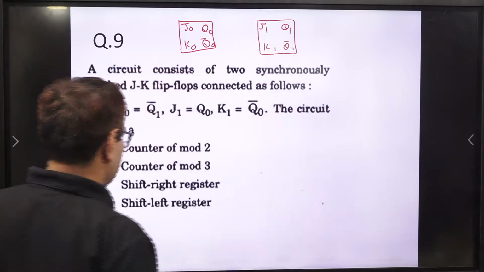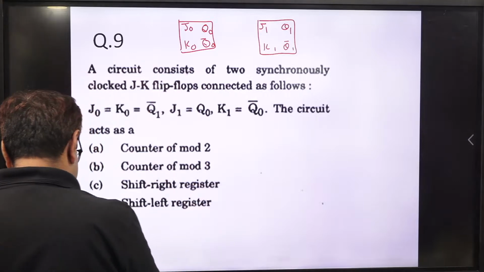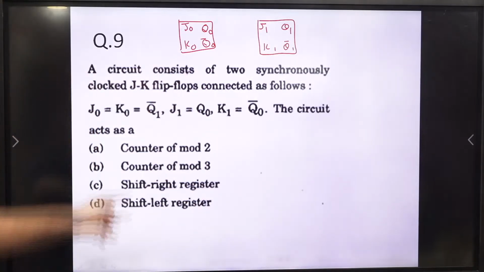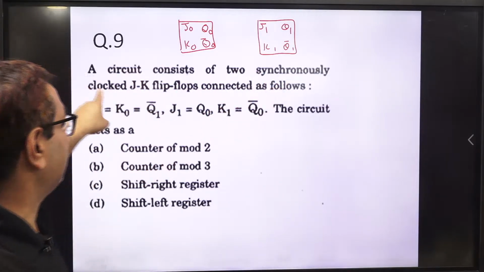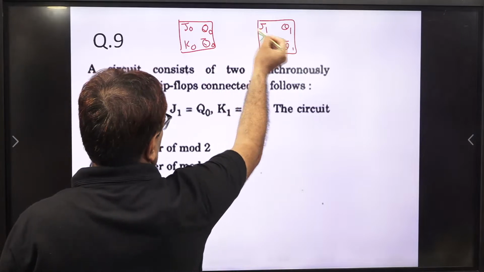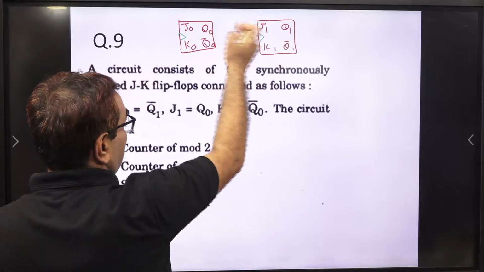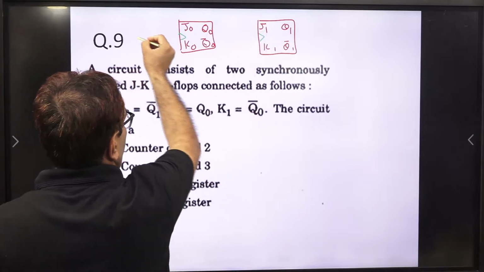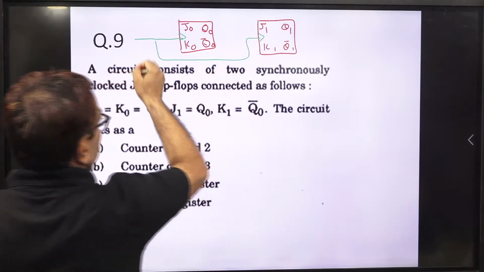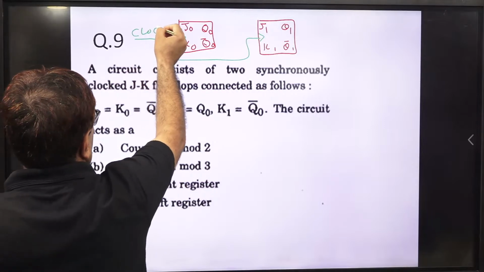Now they are both connected to the same clock because it is mentioned that they are synchronously clocked JK flip-flops, so both have the same clock pulse. Suppose they are both positive edge triggered flip-flops. So we will make positive edges, and this will be the clock here.